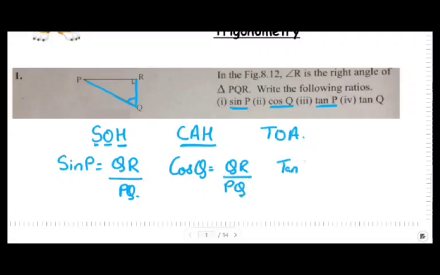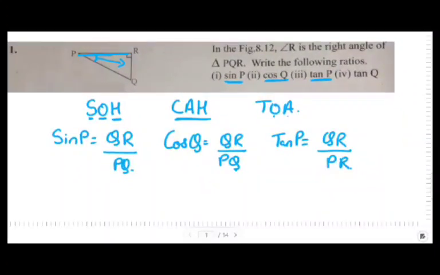And what is tan P again? So go back. Tan P. What is tan? Opposite upon adjacent. What is the opposite side? QR upon adjacent, which is this one, PR. Easy, children.